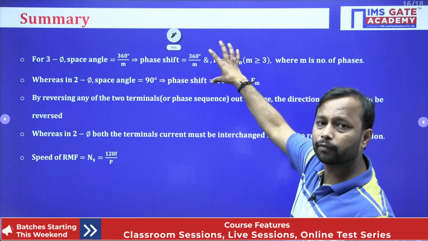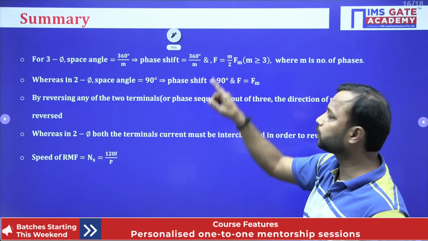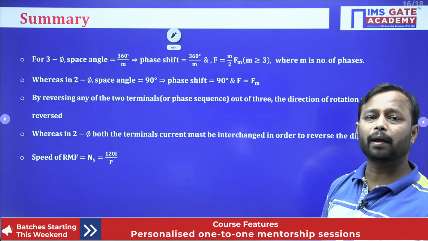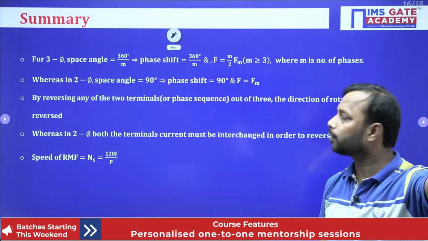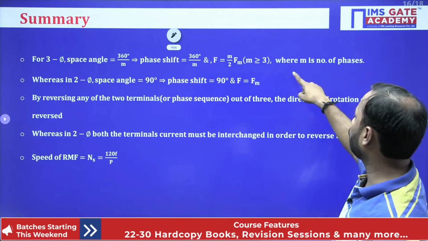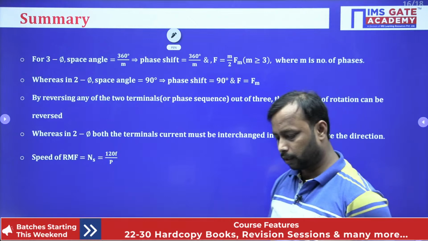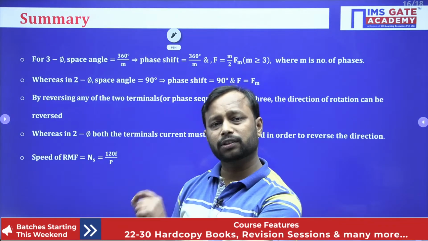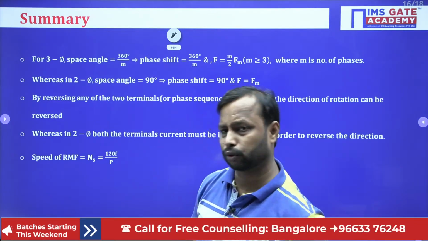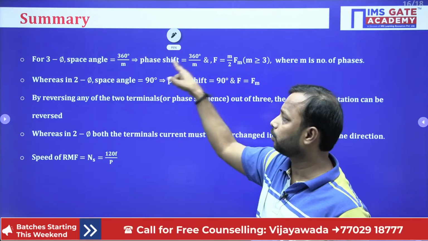Then the MMF will have the value m by 2 times Fm. Fm is the maximum MMF, which is N into Im. And m is the number of phases, which is greater than or equal to 3. So whenever your phase is 3, 4, 6, 7, 8, 9, 10, and so on, you will use this formula.